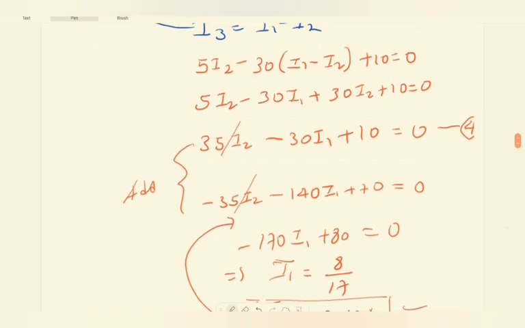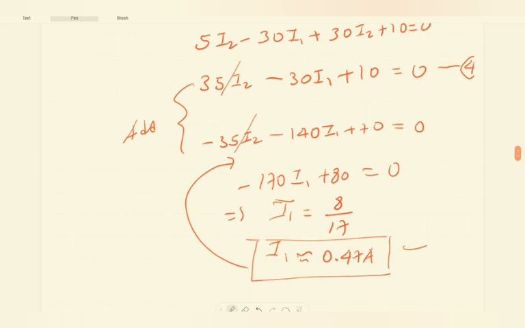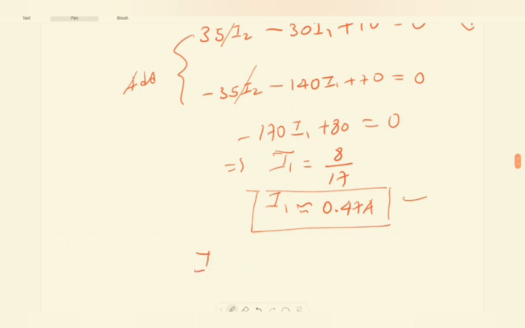So by substitution, direct substitution, finally I2: 35 I2 minus 30 into 0.47 amp plus 10 equals 0.